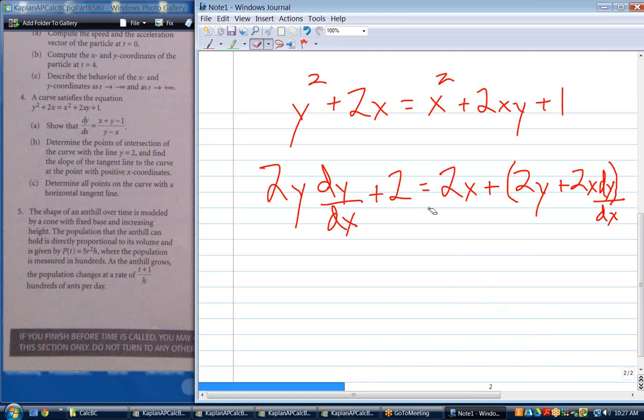Okay, so let's go back to this, because our goal is still to solve for dy dx. So now we would say we're differentiating both sides from the get-go just with respect to x. Yes. I'm differentiating both sides with respect to x.